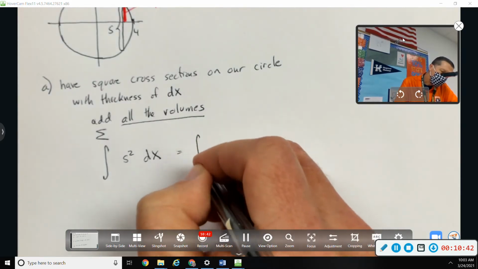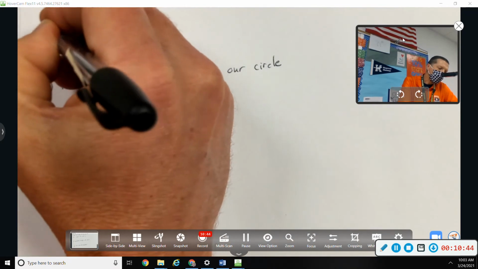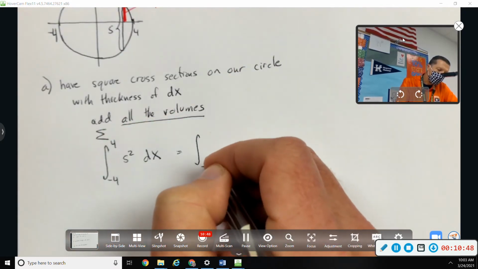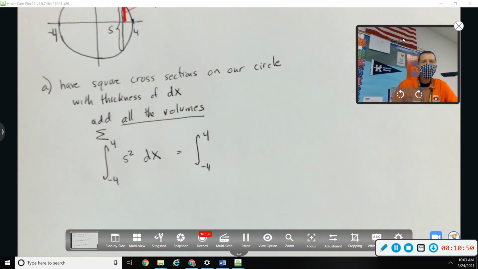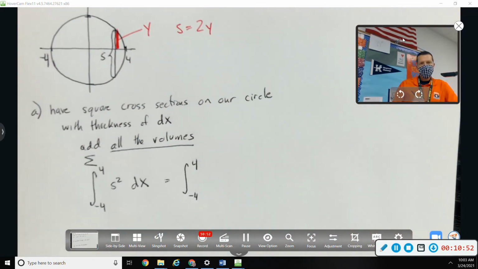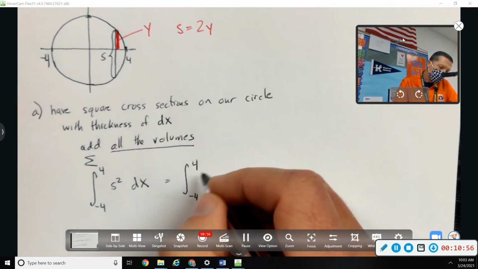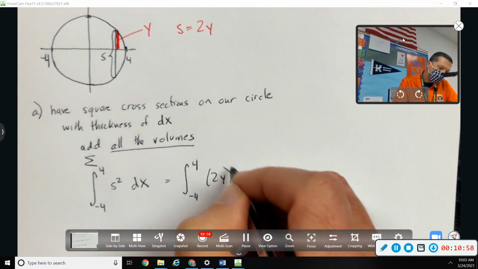So this would be the integral. Oh, I can put limits on here because I know I'm adding up the squares from -4 to 4. S squared is 2Y squared.